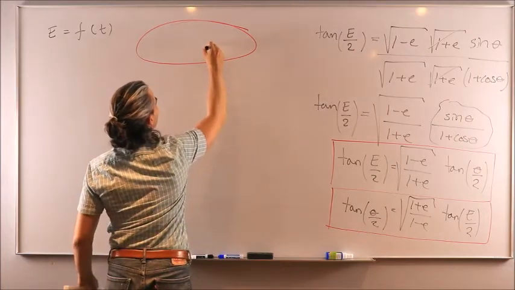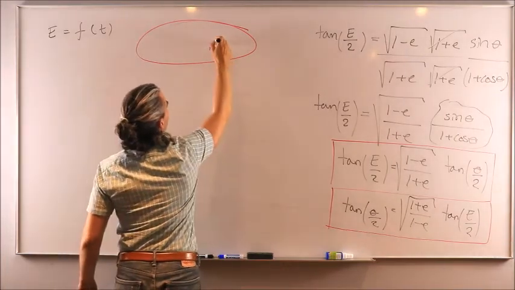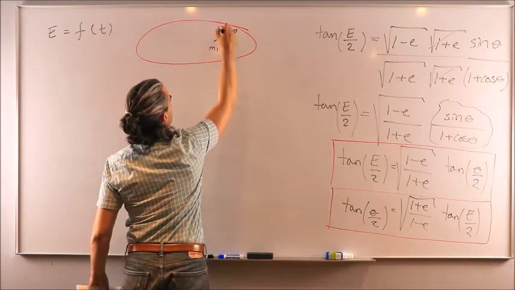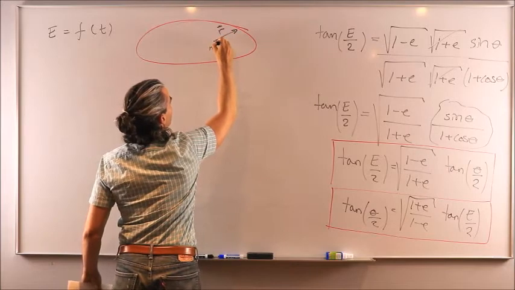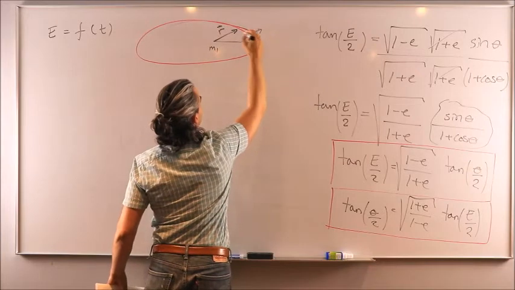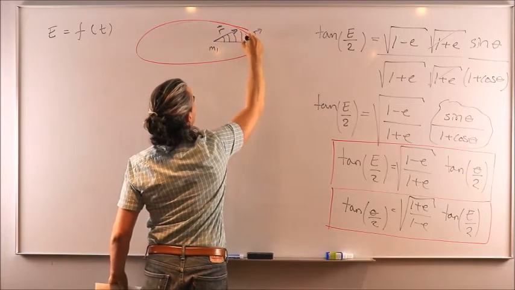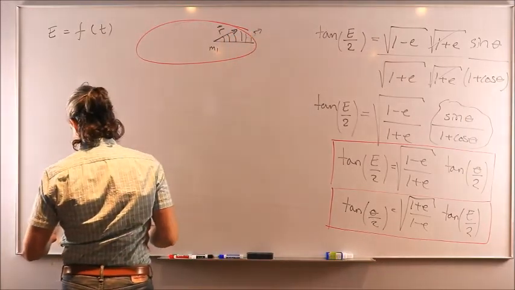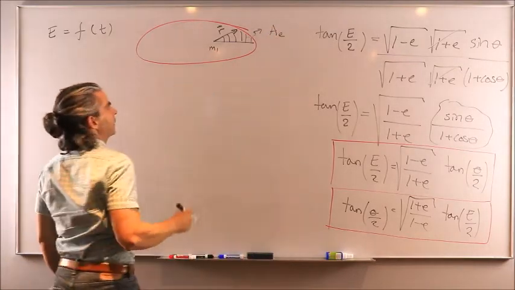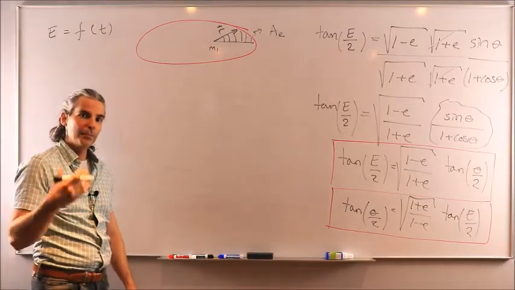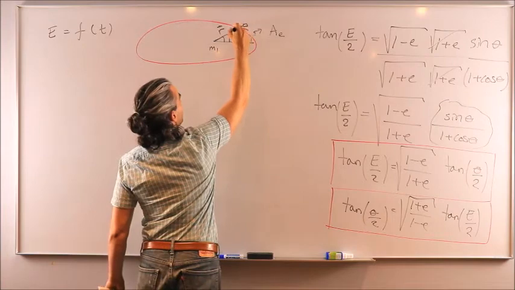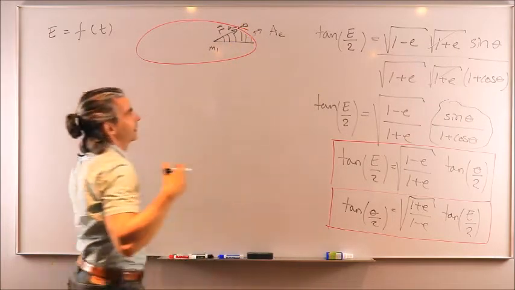So here we have M1, and now we're going to look at the area being swept by the position vector R, like that, and denote this area under the curve here as AE, where AE, again, is the area swept by the position vector that goes from the planet all the way to the spacecraft around here in some time interval.